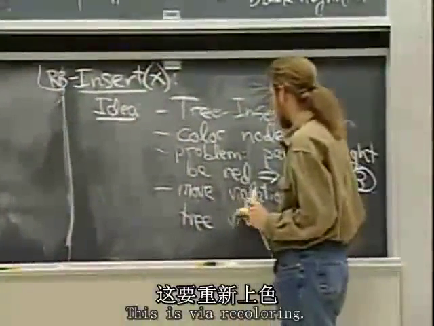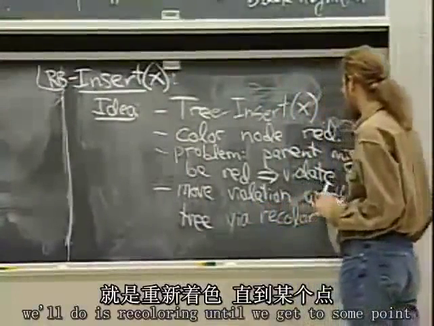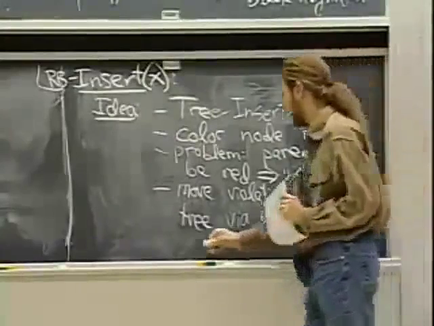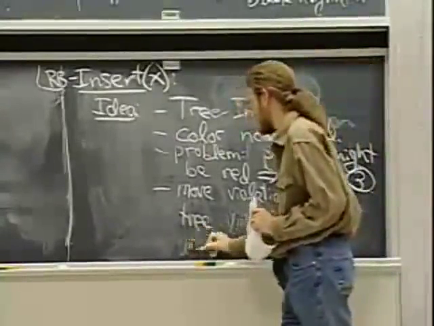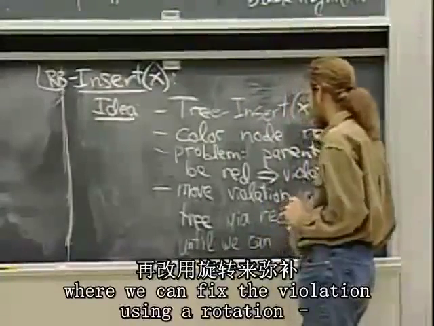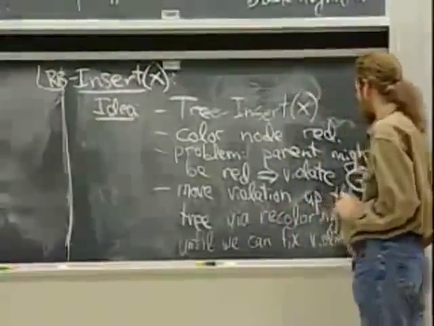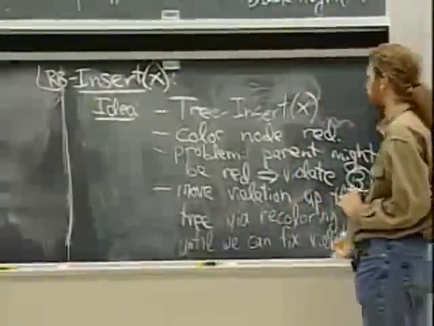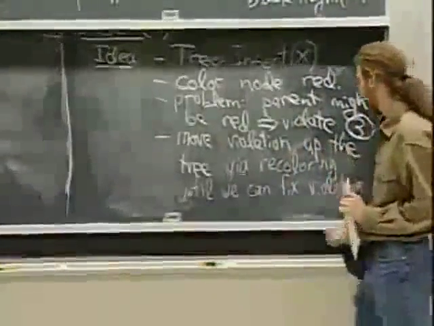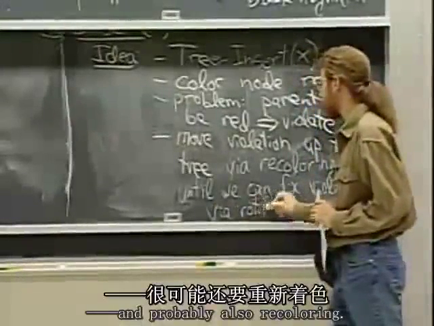This is via recoloring. The only thing initially we'll do is recoloring until we get to some point where we can fix the violation using a rotation. And probably also recoloring.